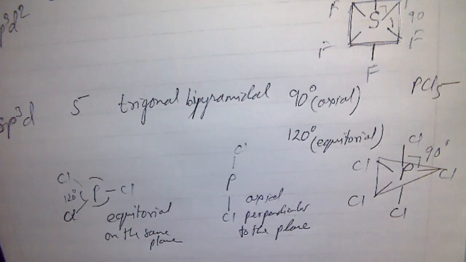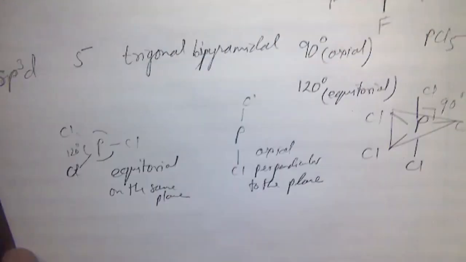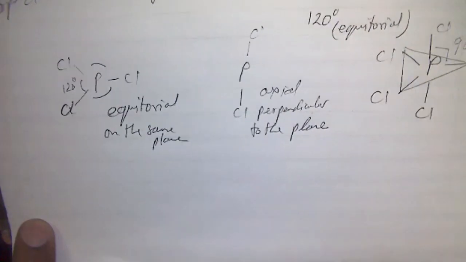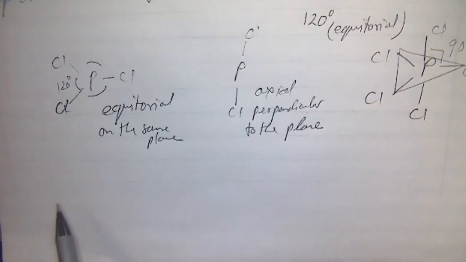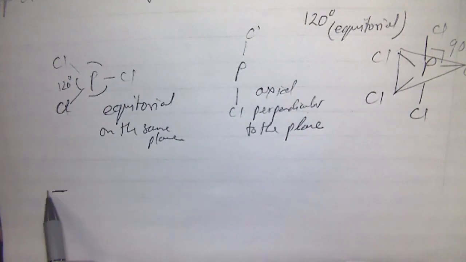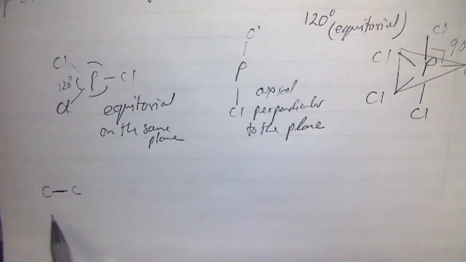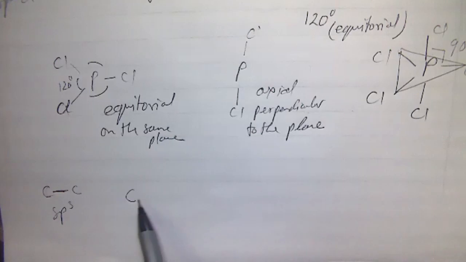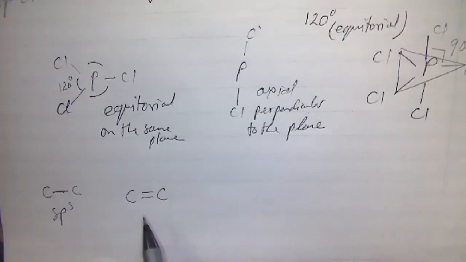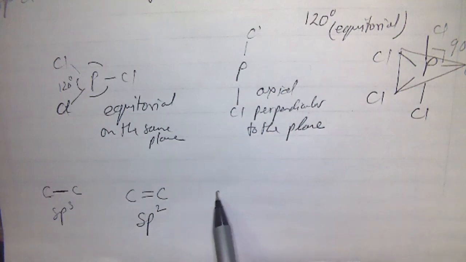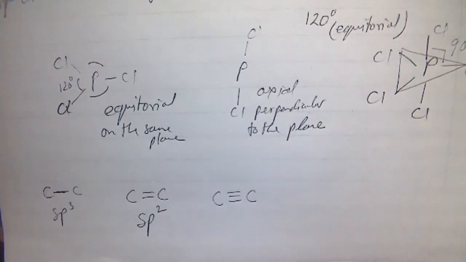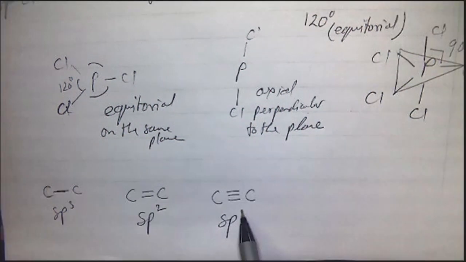So whatever examples I've given you, these things you have to learn. Apart from this, just for you to remember, whenever you have a carbon-carbon single bond, that will always be sp3 hybridization. Whenever there is a double bond, it will always be sp2 hybridization. Whenever there is a triple bond, it will be sp hybridization.